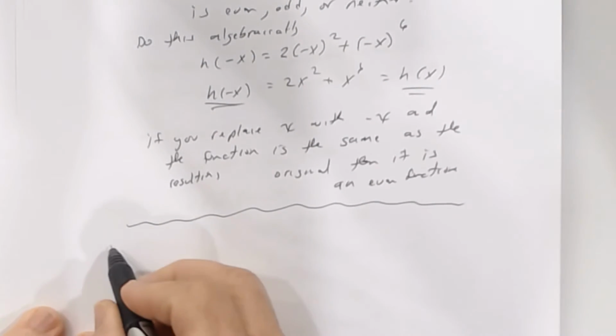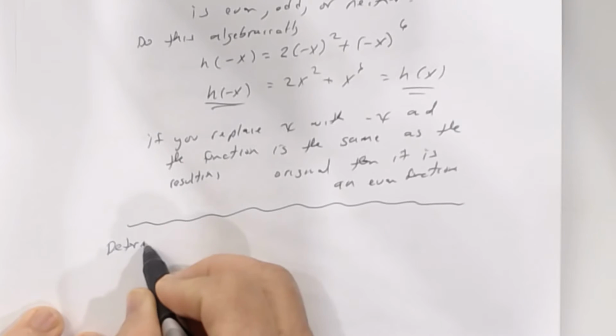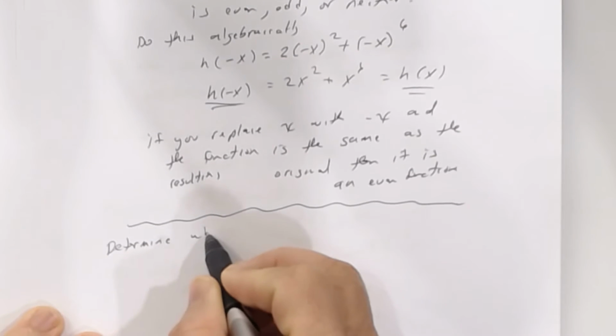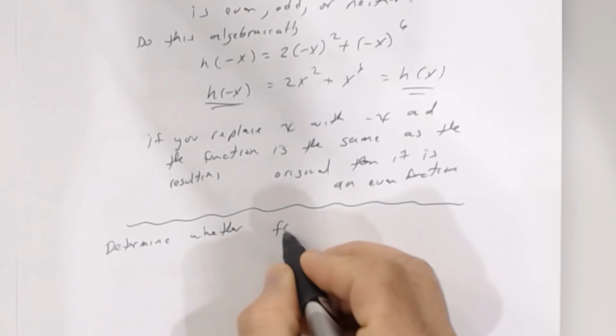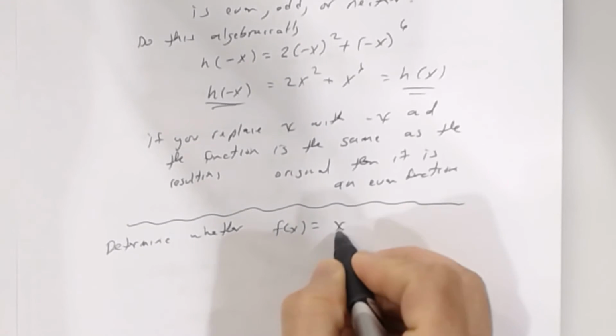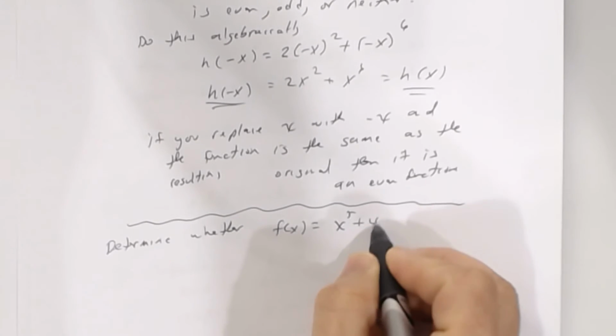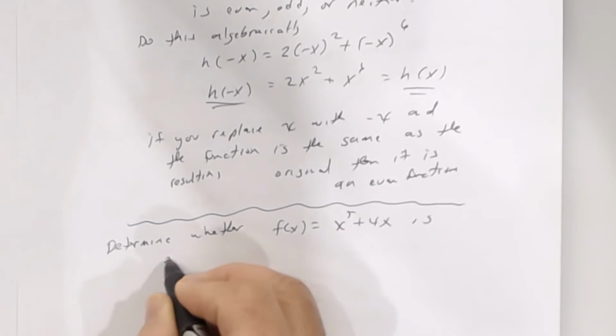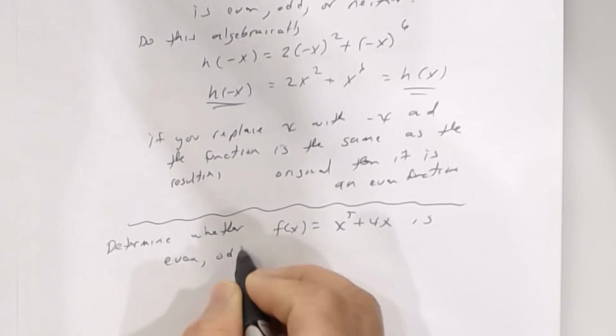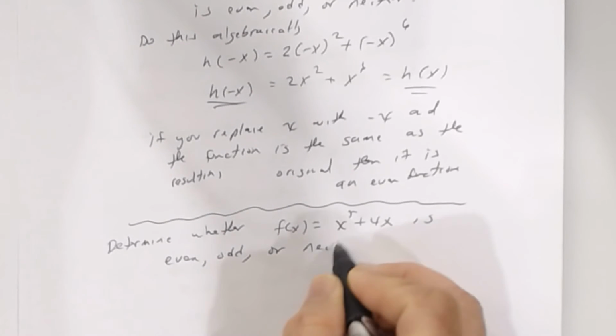All right, let's look at this one. Determine whether f of x, which equals x to the 5th plus 4x, is even, odd, or neither.